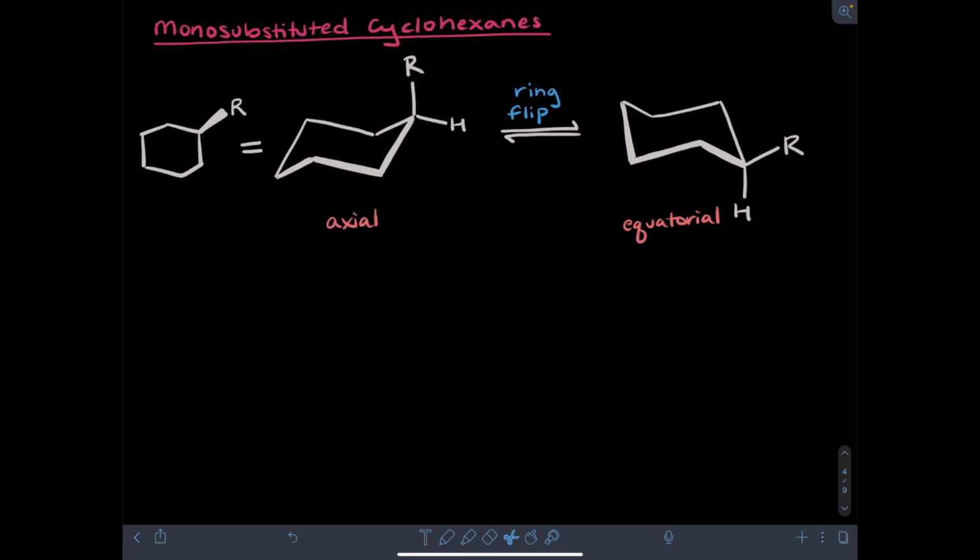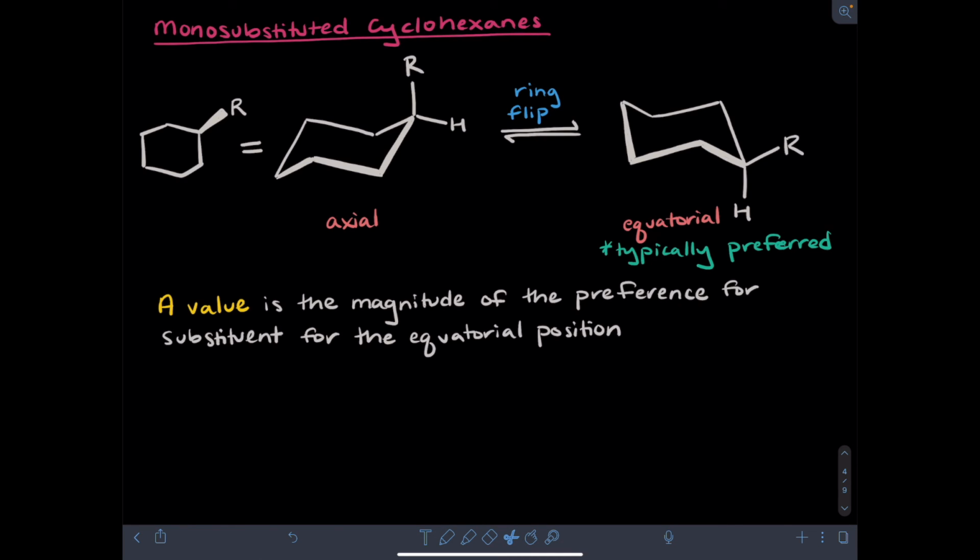A ring flip or chair flip allows me to convert back and forth between these two conformations. Typically, the conformation in which your substituent is in the equatorial position is preferred, because the equatorial sites point out and away from the ring rather than directly up and down from it.